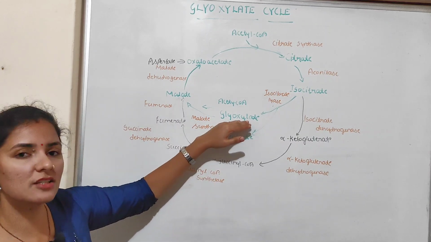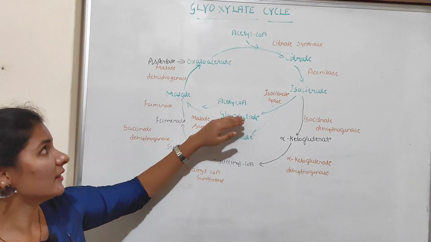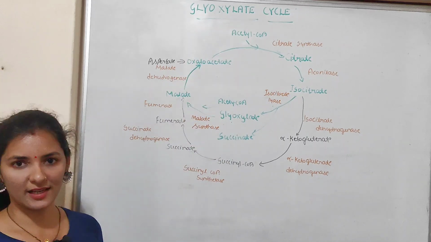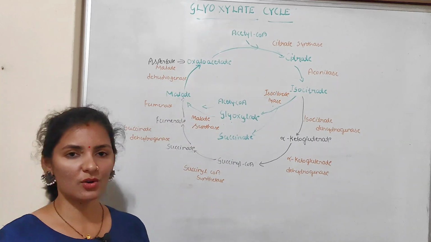The glyoxylate is used as an intermediate product. That's why it is called the glyoxylate cycle. So that is about the glyoxylate cycle.